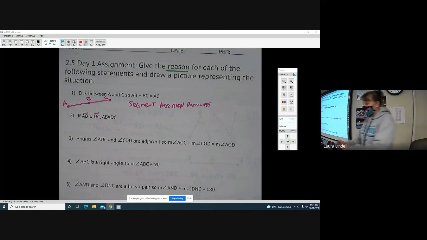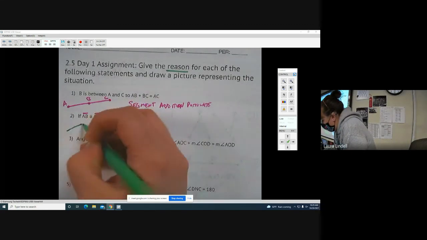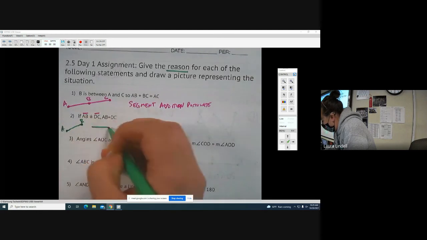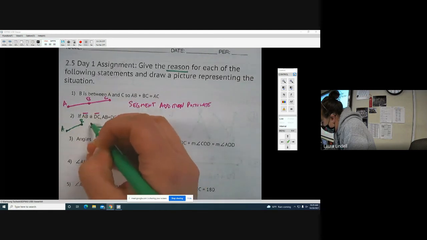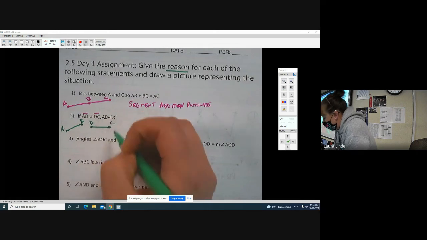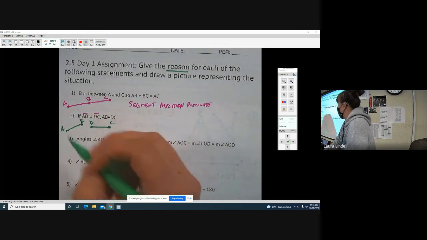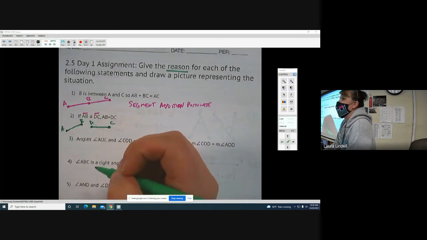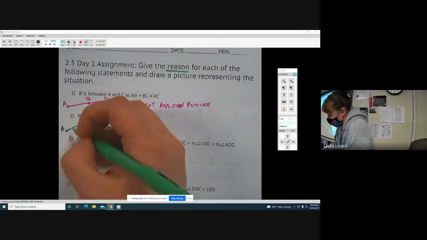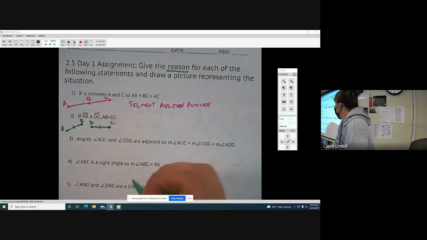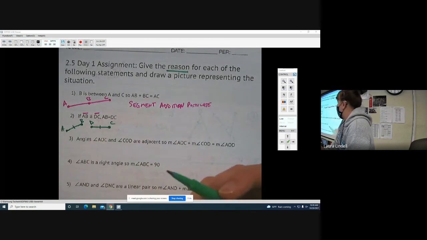All right, if you drew something involving segments, like maybe we've got segment AB, and then we have segment DC, how could I show on my picture that they're congruent to each other? Yeah, the little tick marks. That's all we really need for a picture.